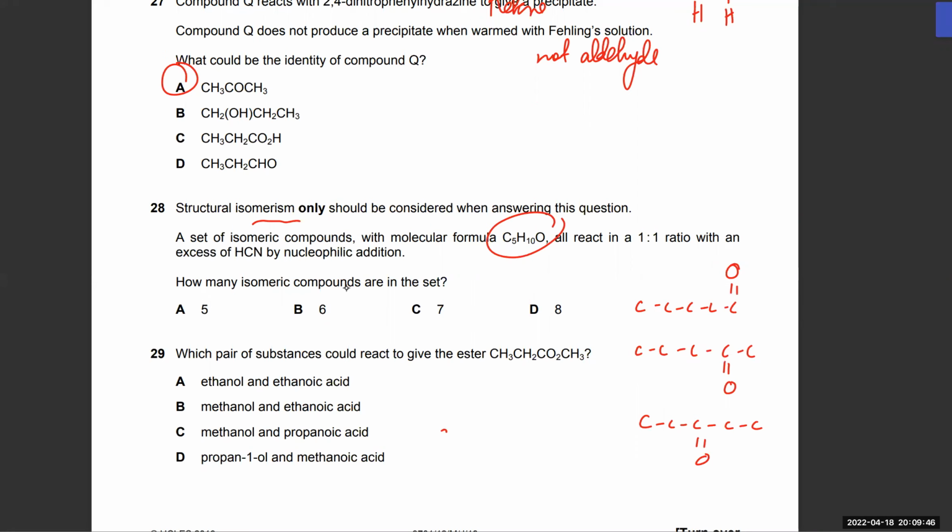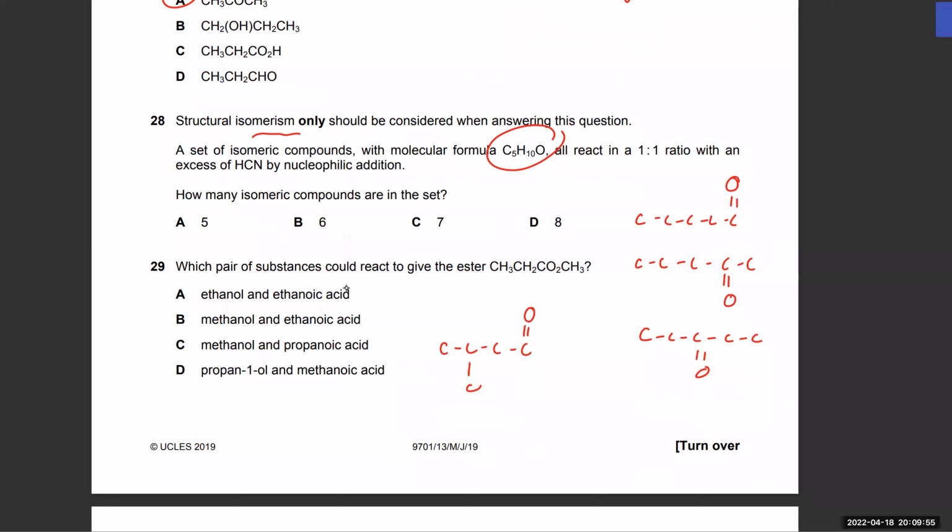Then you can change the carbon chain. So the double bond O is over here and the carbon chain is branched. Or you can change the position of the carbon chain, and that's where your double bond O is.